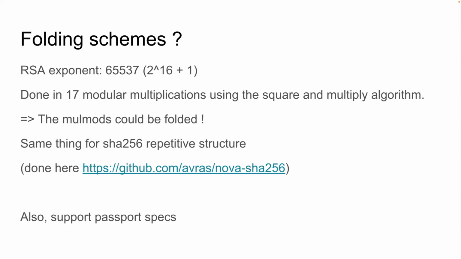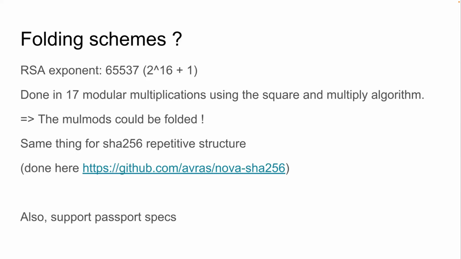RSA, basically, is modular exponentiation by a fixed number most of the time, the number used in every implementation used by passports. To do this, you have to do 17 modular multiplications, because thanks to the square-and-multiply algorithm, you can just square the number multiple times. So you have 16 squarings and then one multiplication.